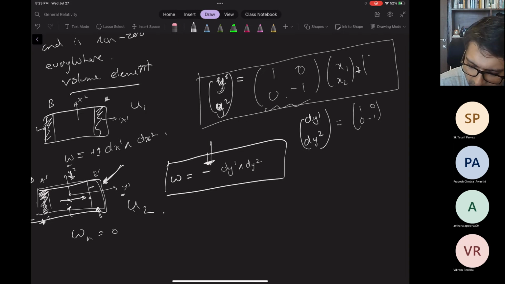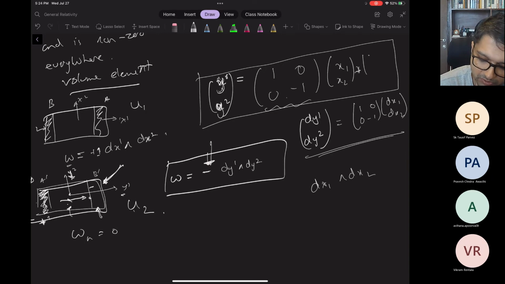You can show this in multiple ways, but let's just argue like this. So this is what you would have. Now it's obvious, right? So dx1 wedge dx2 is just directly equal to minus dy1 wedge dy2.